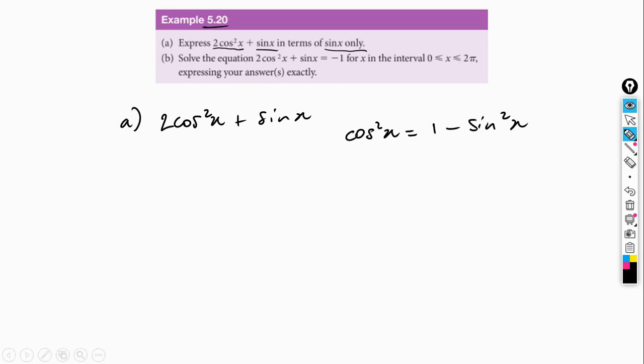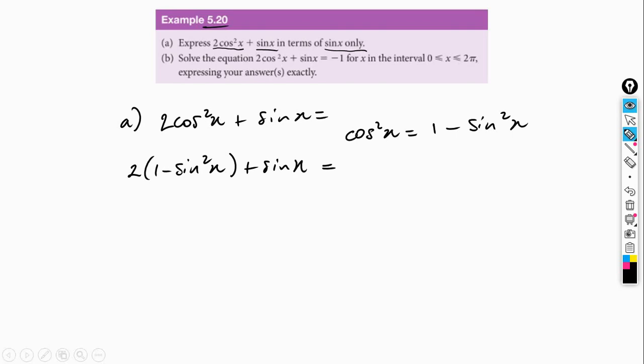And then we can substitute. So then we would have to be careful here because there's a 2 multiplying cosine squared. So we have to go, this equals 2 times 1 minus sine squared of x plus sine of x.